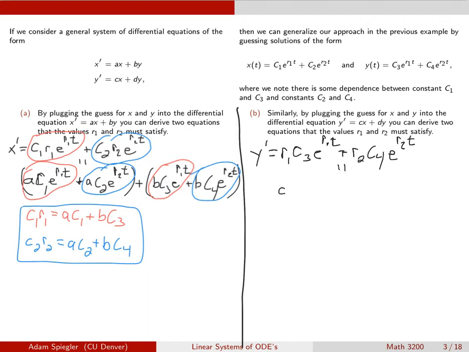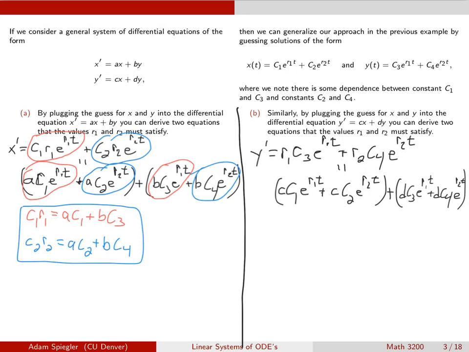So that would be c times c1 e to the r1t plus c times c2 e to the r2t, and then we're going to add to that d times y. So I'm going to get d times c3 e to the r1t plus d times c4 e to the r2t. And then we match up our terms.